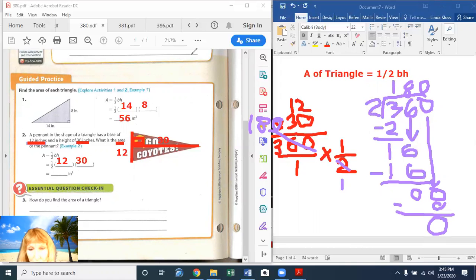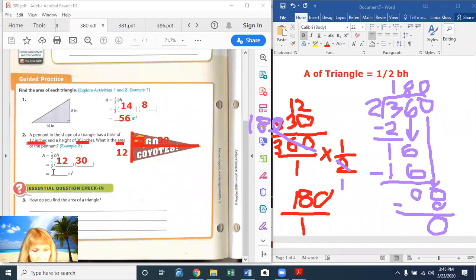So now we have 180 times 1 on top, and we have 1 times 1 on the bottom. So 180 over 1 is really just 180.